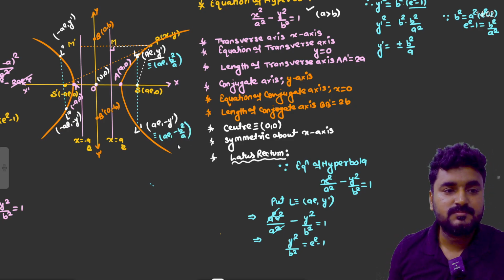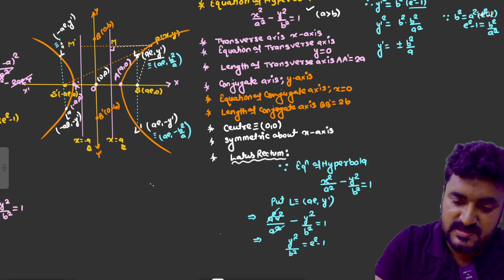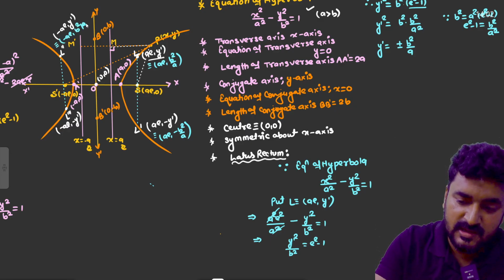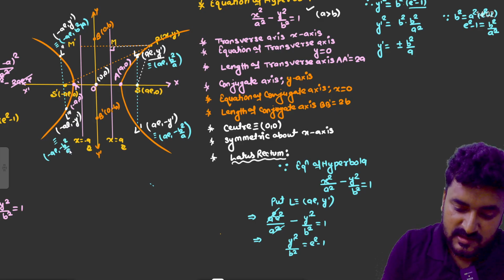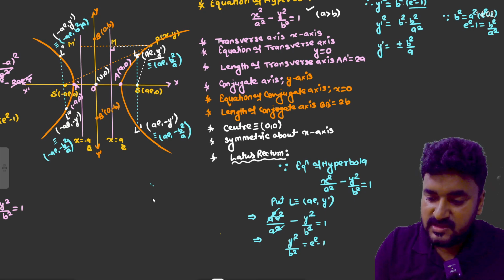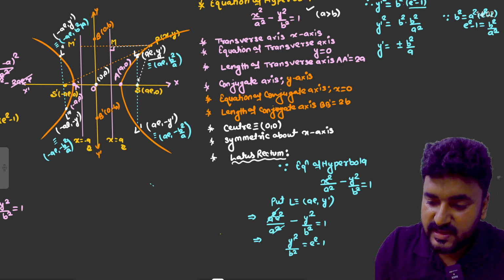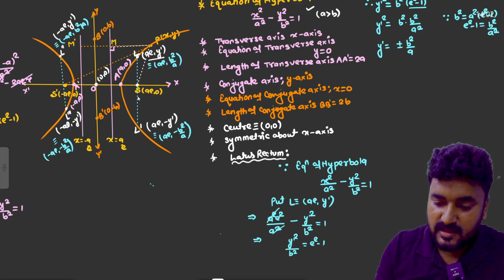And L double dash will be minus ae comma b square by a, and L triple dash will be minus ae comma minus b square by a. So you can see that this SL length is b square by a, and this SL dash length is b square by a.